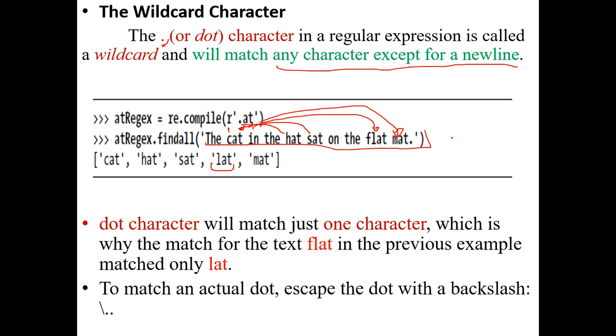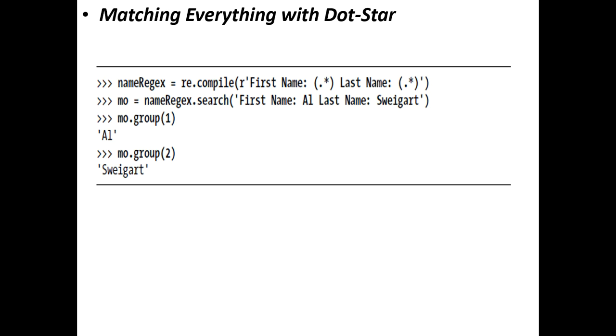If you want to match with two characters, in that case you can use dot dot. In that case, it is going to list out this flat. Next, matching everything with a dot star. So here we are using a dot star. Star represents 0 or more.